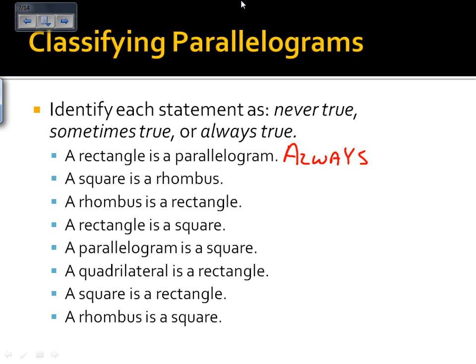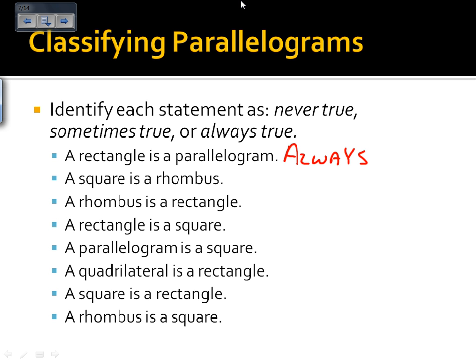Second question. A square is a rhombus. Look at your chart, find the square. So I hear sometimes and always. Sometimes? Give me an example of a square that isn't a rhombus. Can you point out one in the picture? Do you want to change your answer?